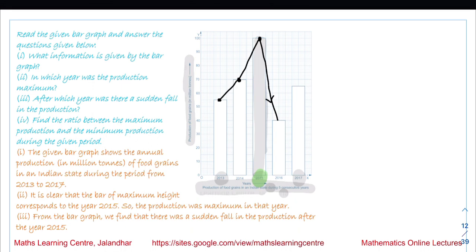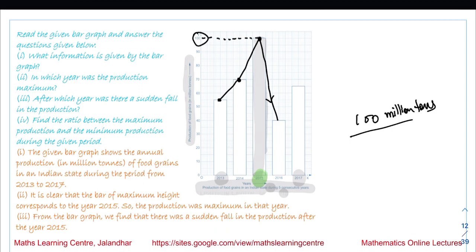Then next, find the ratio between the maximum production and minimum production during the given period. The maximum production is in the year 2015, and its value is 100 million tons.